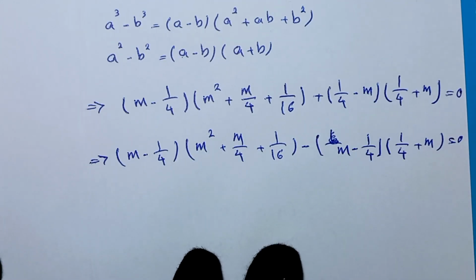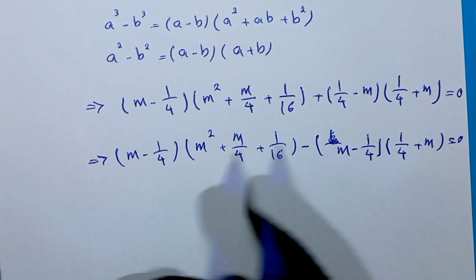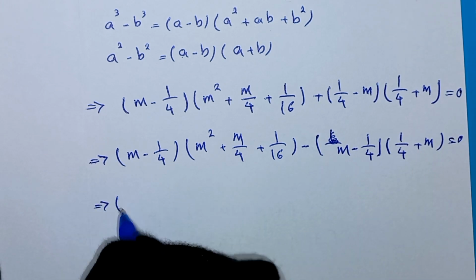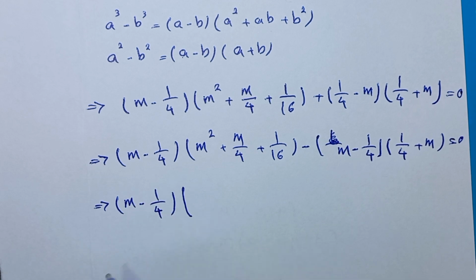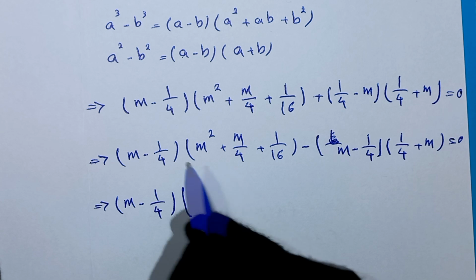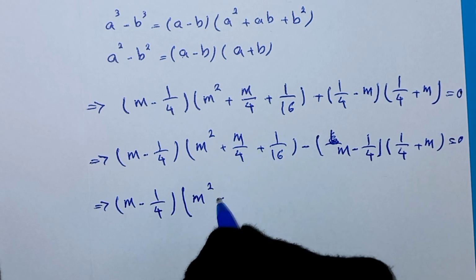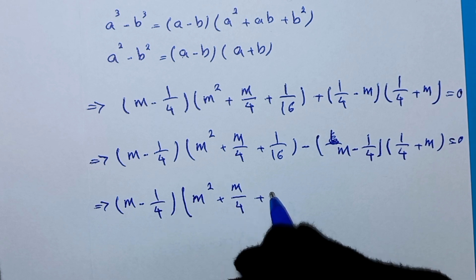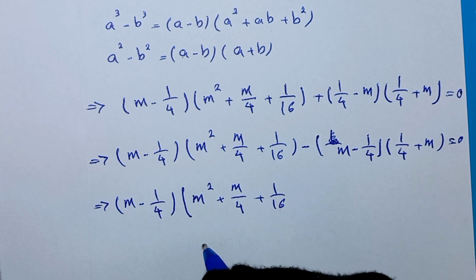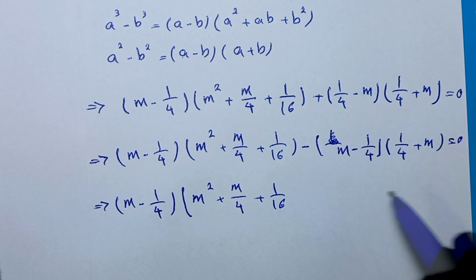So here, m minus 1 over 4 is common, so we factor m minus 1 over 4, right? And here we have this, it will be m squared plus m over 4 plus 1 over 16. And here we have this, right?